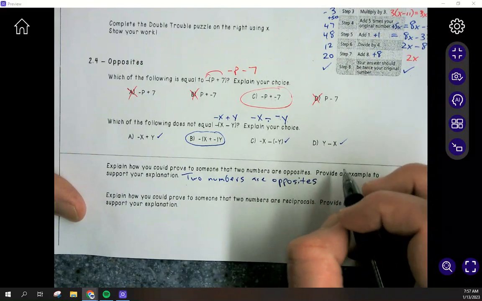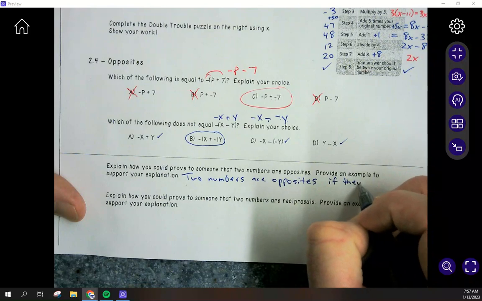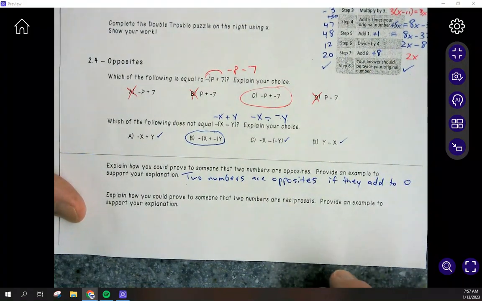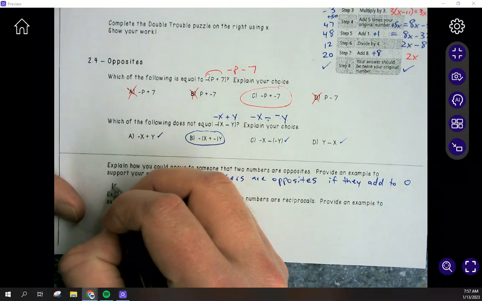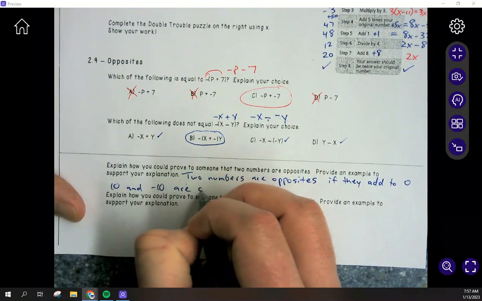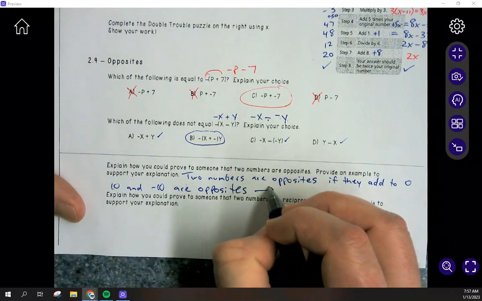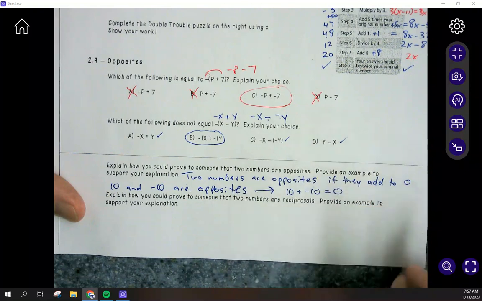So two numbers are opposites if they add to 0. So opposites are like 10 and negative 10. So 10 and negative 10 are opposites. And I'm going to prove it because 10 plus negative 10 equals 0.